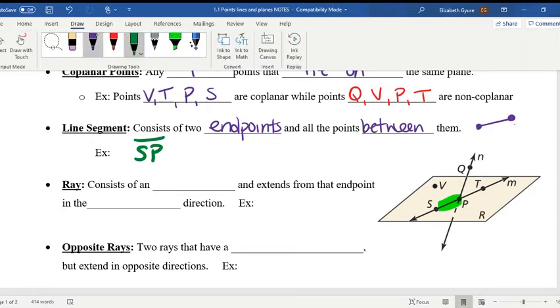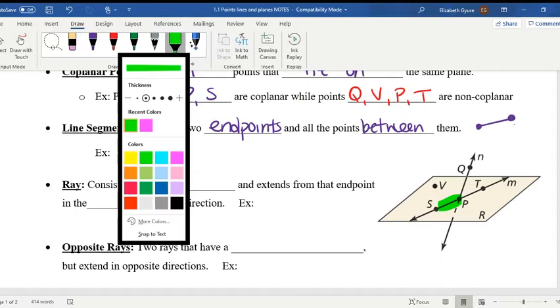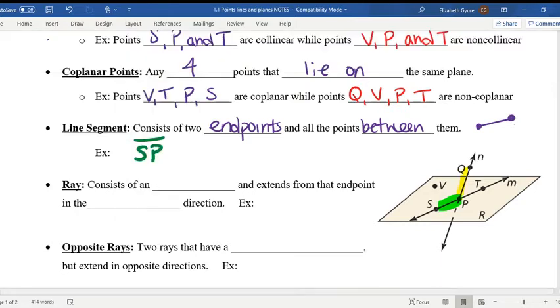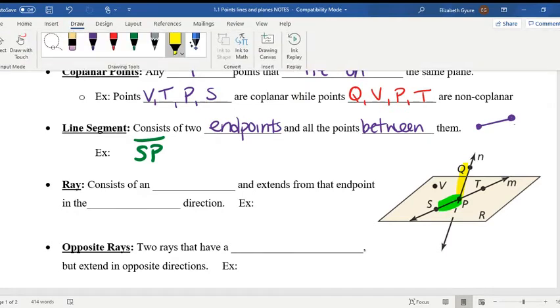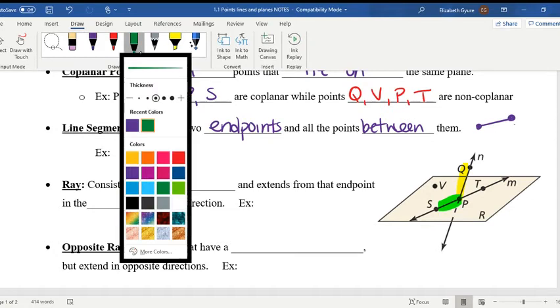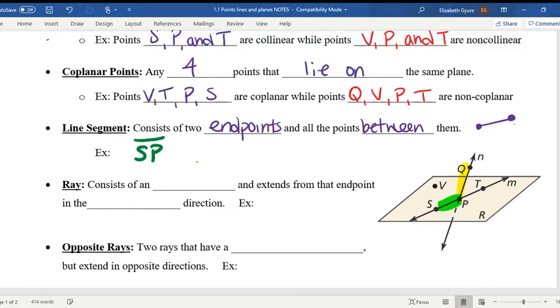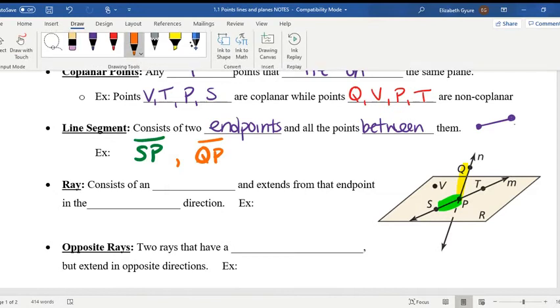So another example, I'll give you a couple, would be like QP, right? From Q to P would be another segment. So let's write that one down. QP would also be a line segment. Your line segment could actually include multiple line segments.